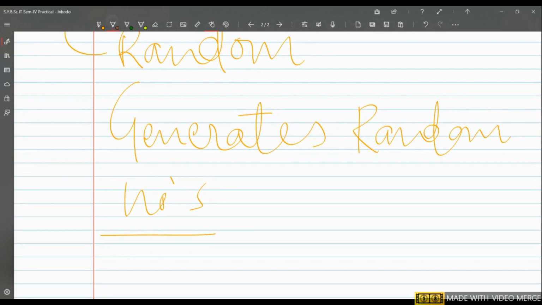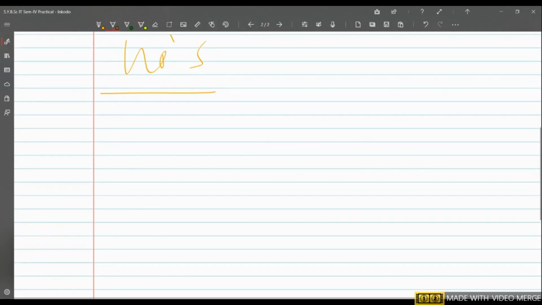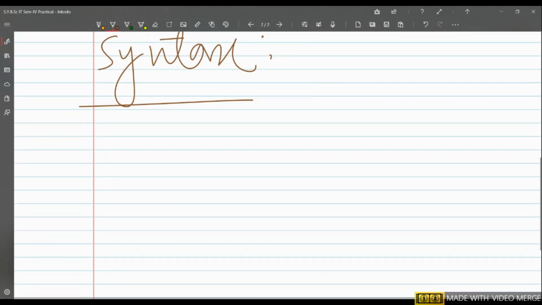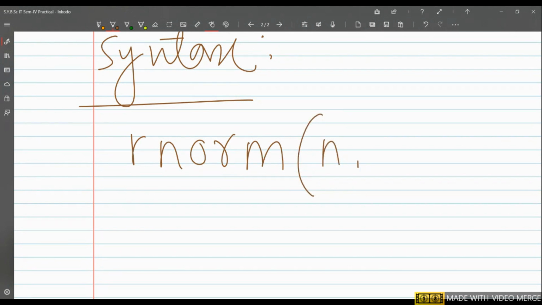Then what is the syntax for it? The syntax is like this: rnorm(n, mu, sigma), that is, n, mean and standard deviation.